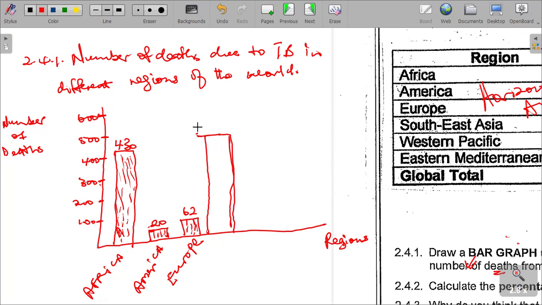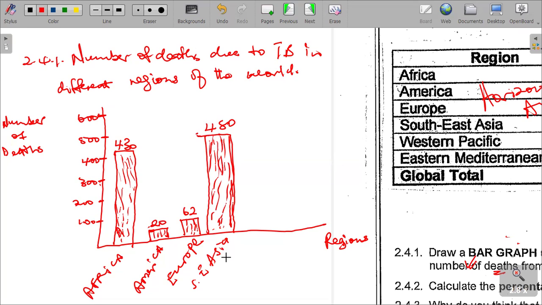So that is 480. I have to mark it again: Southeast Asia.